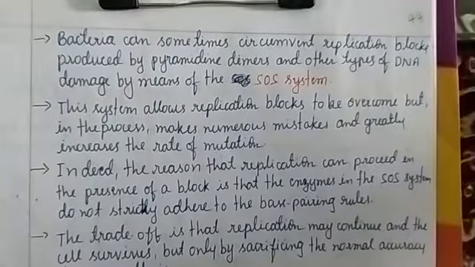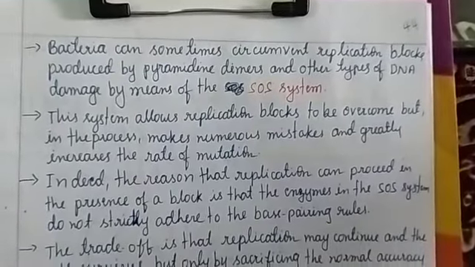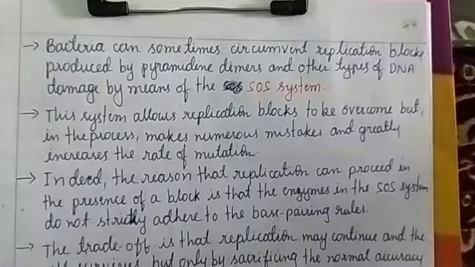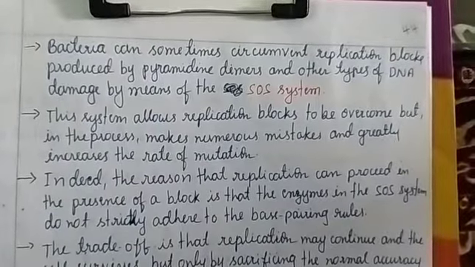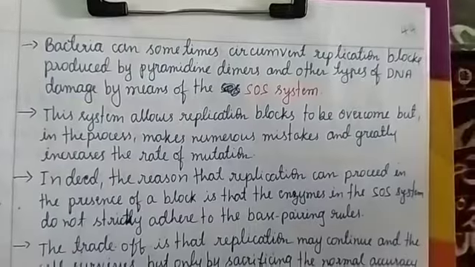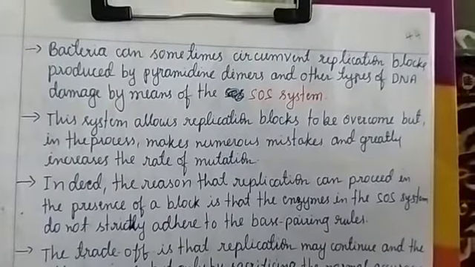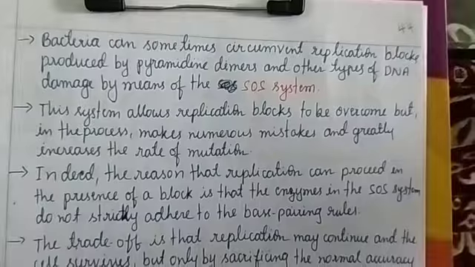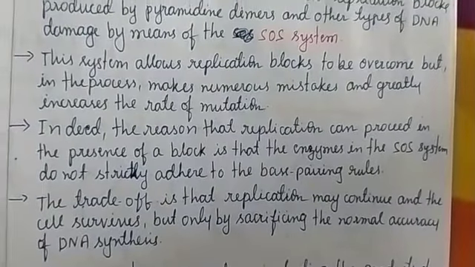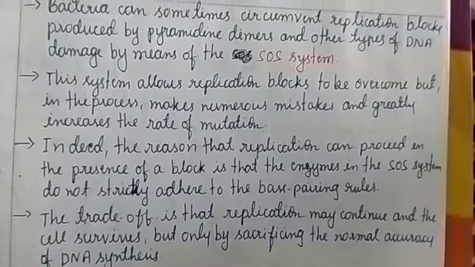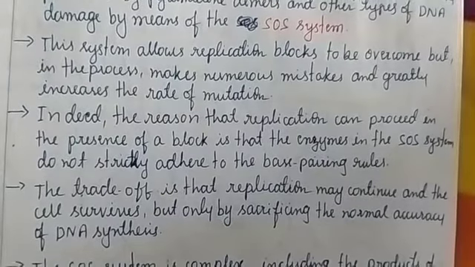Bacteria can sometimes circumvent replication blocks produced by pyrimidine dimers and other types of DNA damage by means of the SOS system. This system allows replication blocks to be overcome, but in the process makes numerous mistakes and greatly increases the rate of mutation.